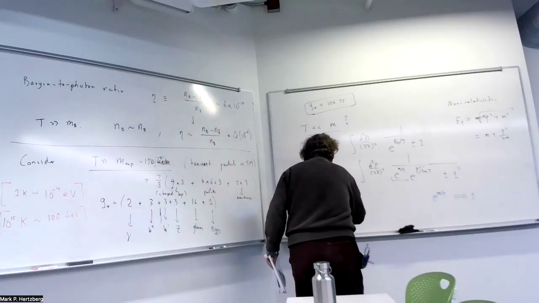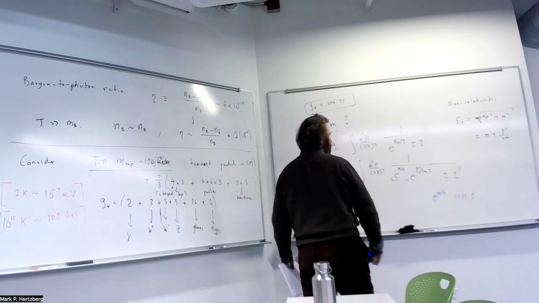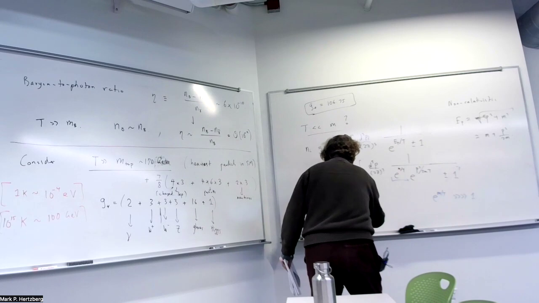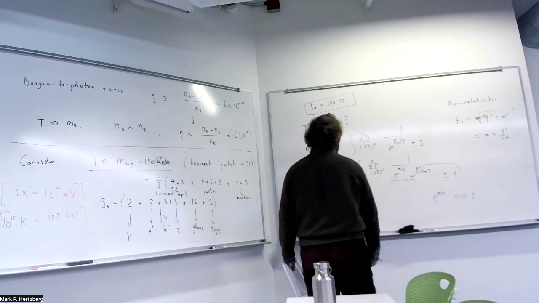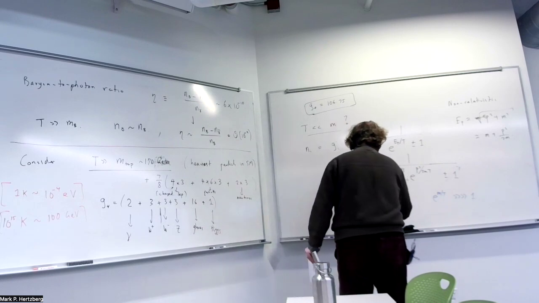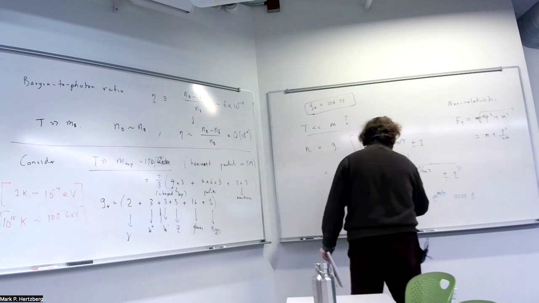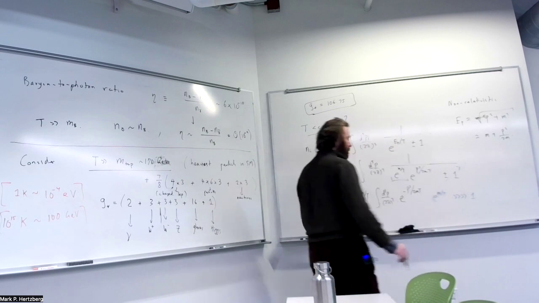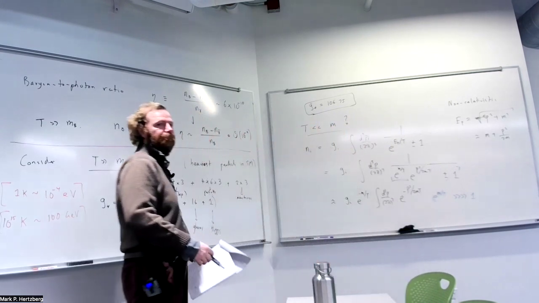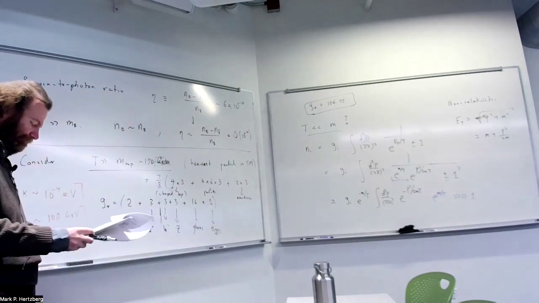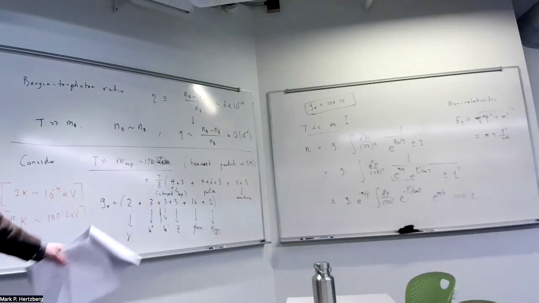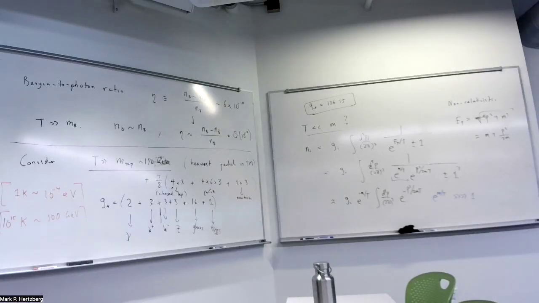Okay, so this becomes g_i. I ignore that, so I can just move this upstairs. I can pull out the e to the minus m over T. That's a constant for the integral. And then what you have left is a nice little Gaussian integral. Is that okay? So it's exponentially small because of the e to the minus m over T and some Gaussian.